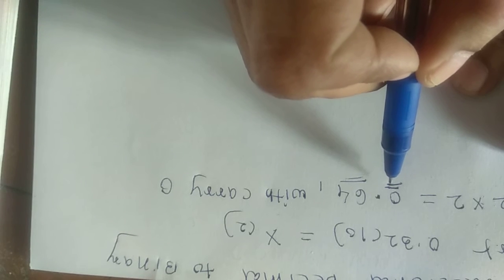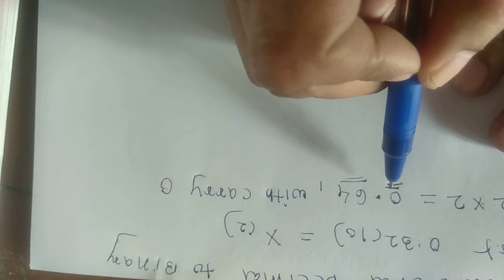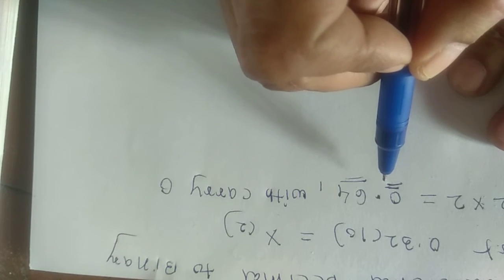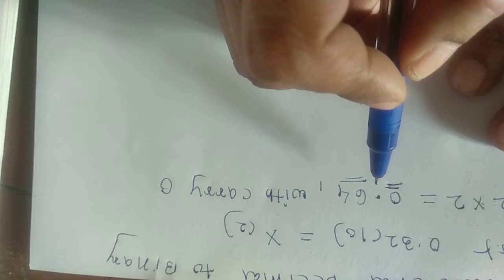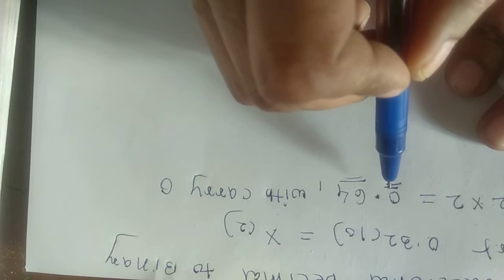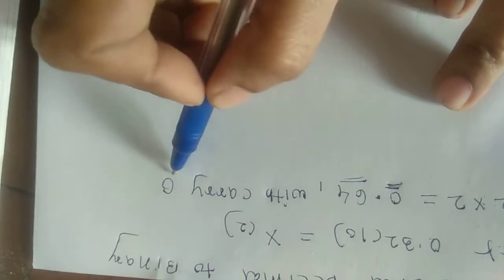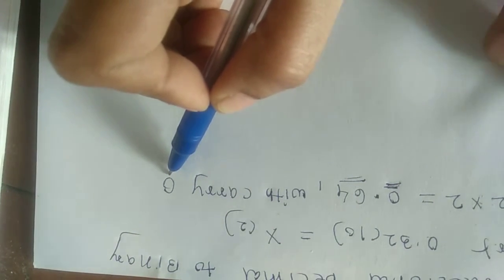That's why when you multiply this fractional number by 2, the integer will be 1 or 0. You will come to know what we are doing. See, 0.64 with carry 0.